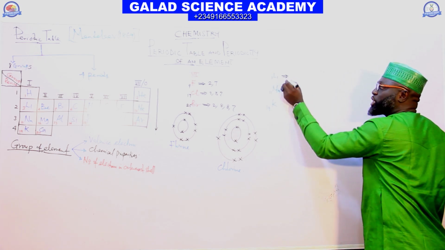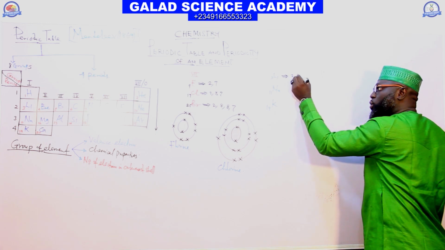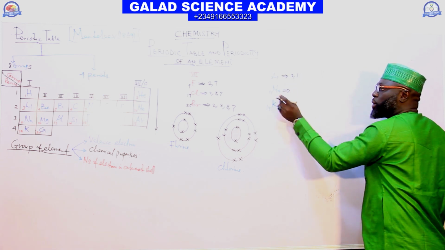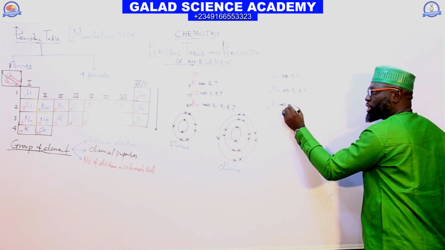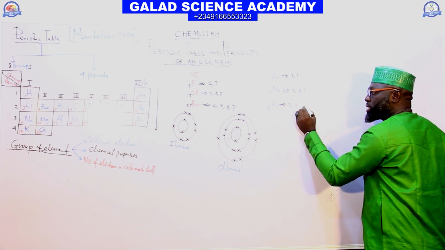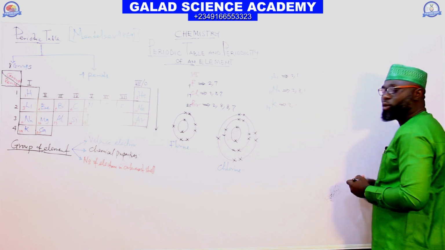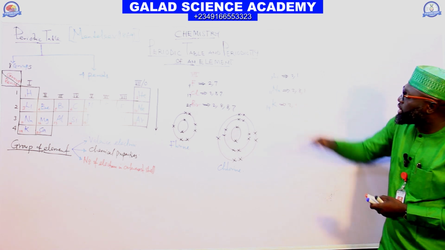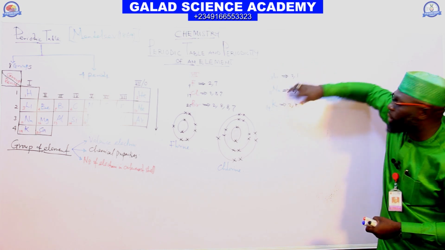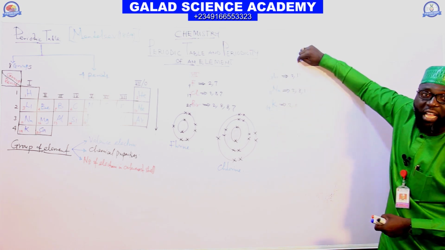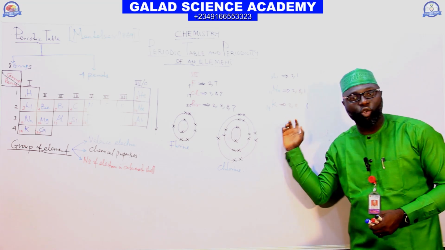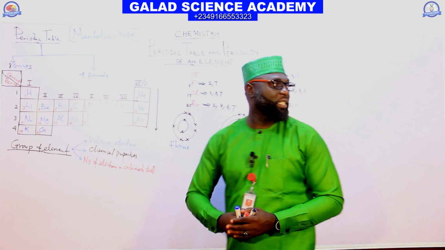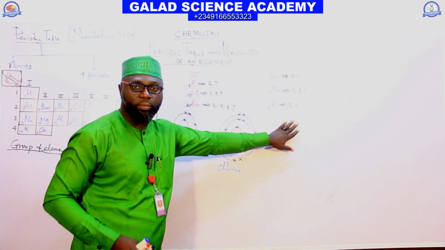For lithium we have 2 inside, 1. For sodium, 2, 8, 1. For potassium, 2, 8, 8, 1. You can see that lithium, sodium and potassium all have one electron in the outermost shell. This tells us they belong to group 1 elements in the periodic table.